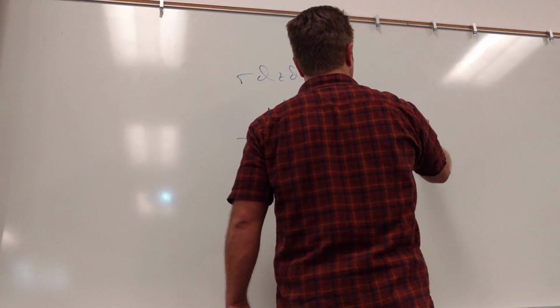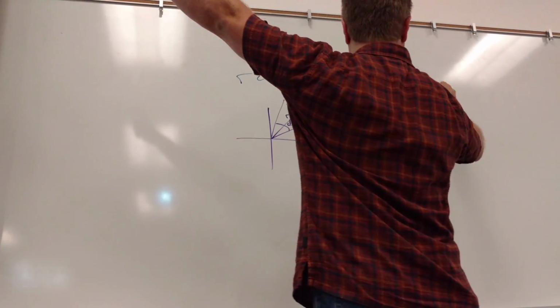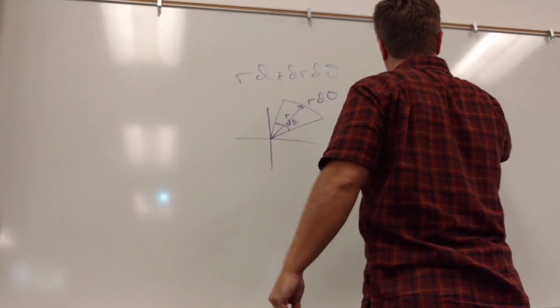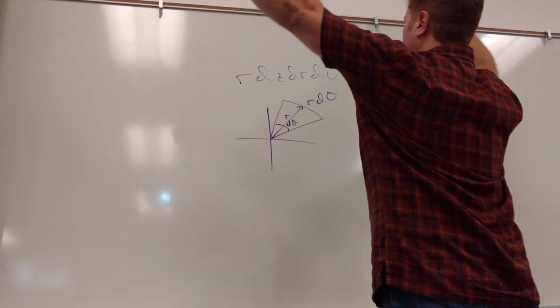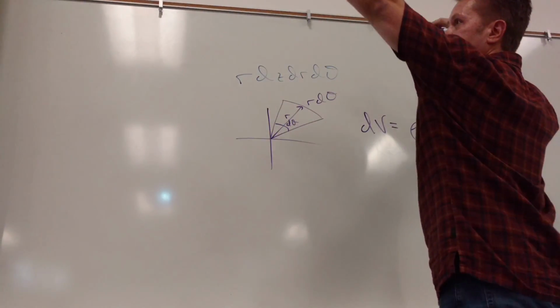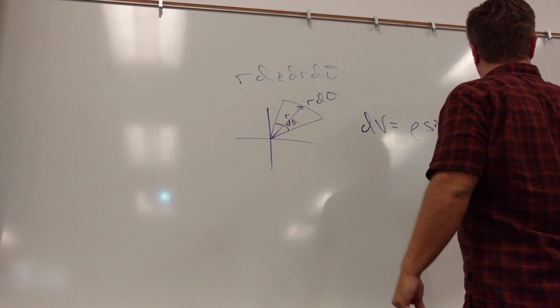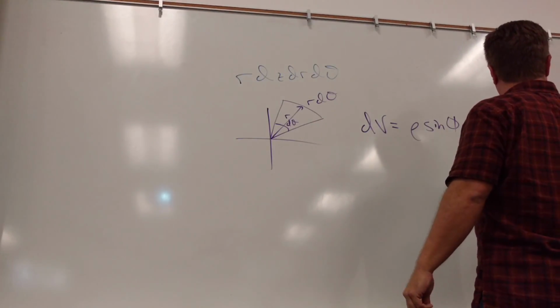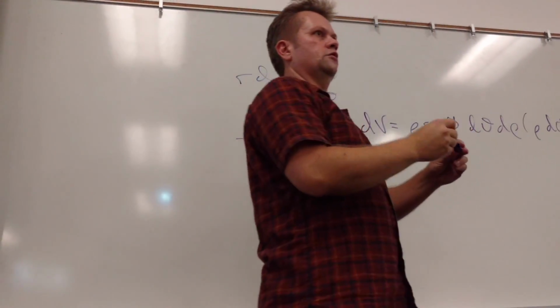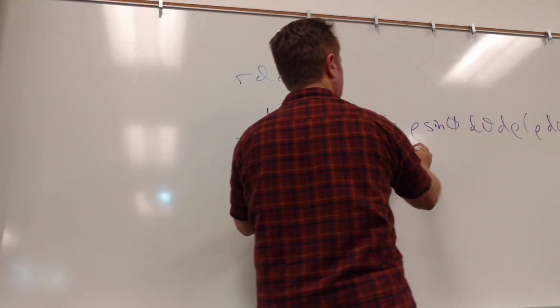You end up with dV equals rho sine phi d theta times d rho times rho d phi. So really, let's put this together better.